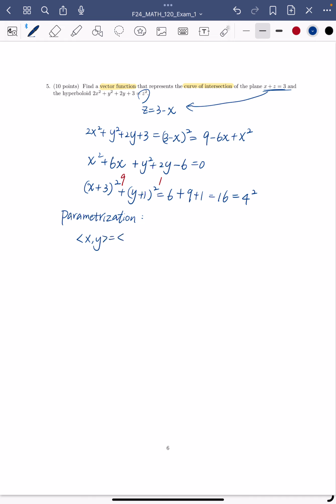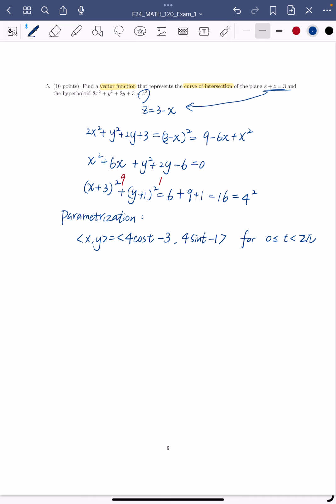Because of that radius 4 here, you can write it as this, and minus your center of the circle, right? For t between 0 and 2 pi.